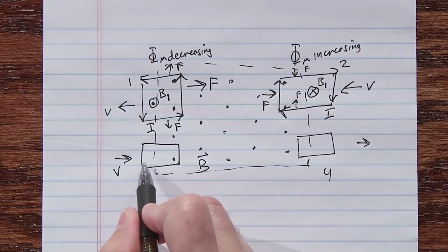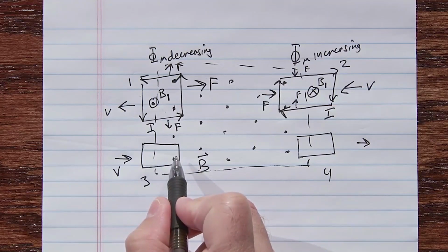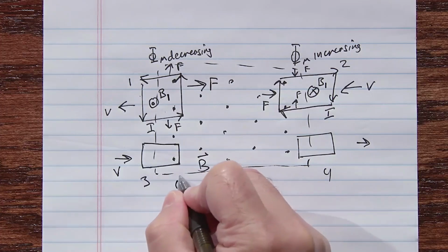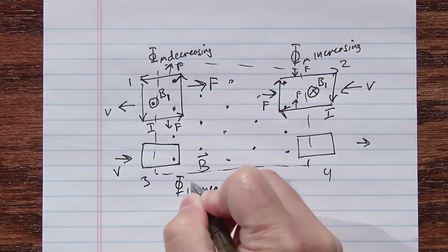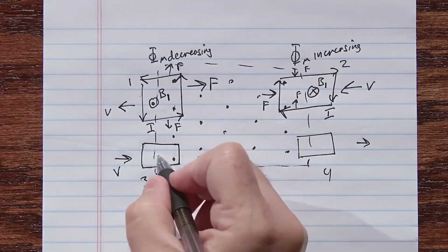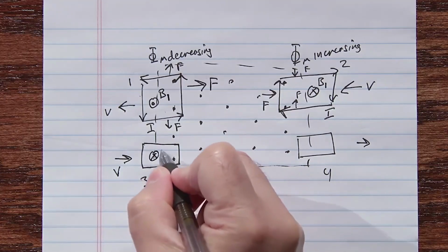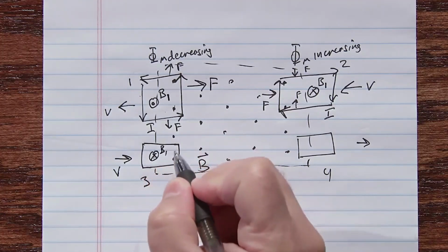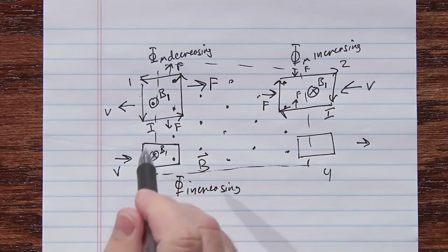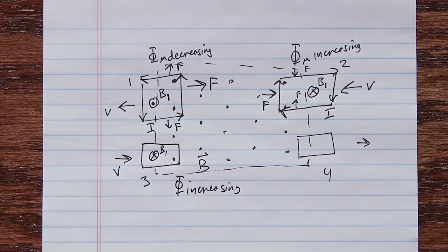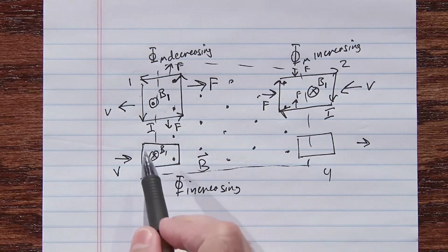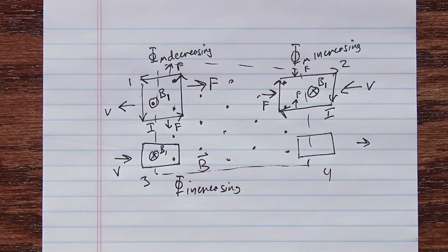Okay, so as this loop goes into the magnetic field, the magnetic flux is increasing. So B1, the magnetic field of the loop, will oppose that increase by creating its own magnetic flux that is into the page. What is the direction of a current that gives us a magnetic field into the page?